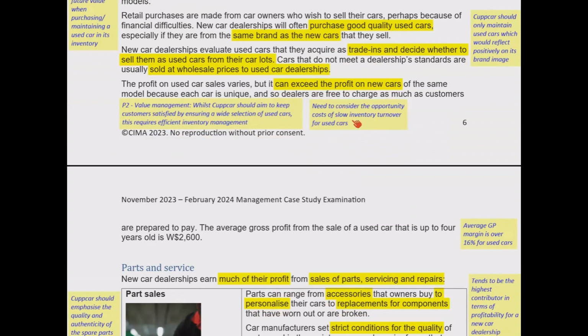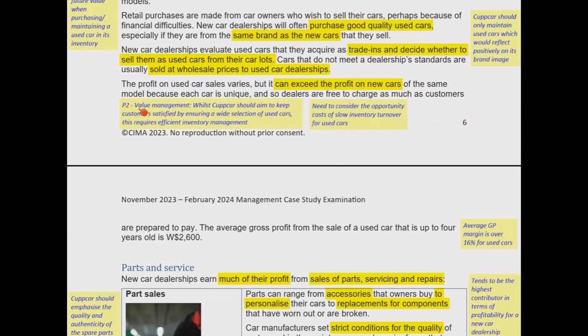We want to be turning over these cars. So inventory management in terms of monitoring how long we have had a used car and making sure that we are moving it on by some means, either selling it outside of Cuppcar if we need to, so that we aren't incurring costs storing cars that aren't actually selling.